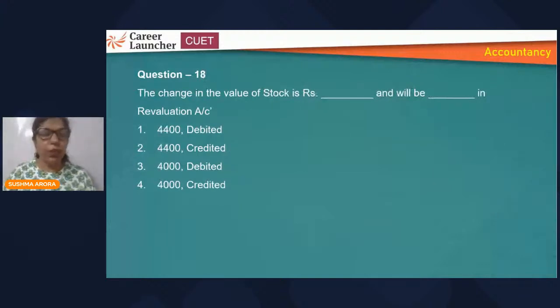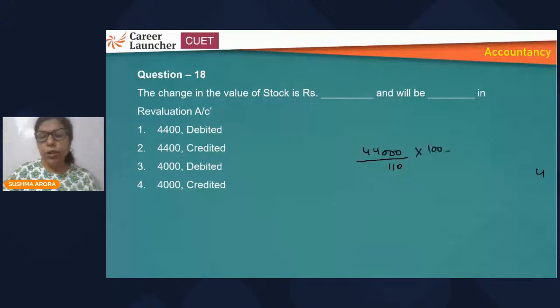See here in this question, the 44,000 value of the stock is given. 44,000 is the value of 110 and we have to show it for 100. That will come 40,000. 40,000 is the new value and 44,000 is the old value. So we can say 4,000 value is decreasing.